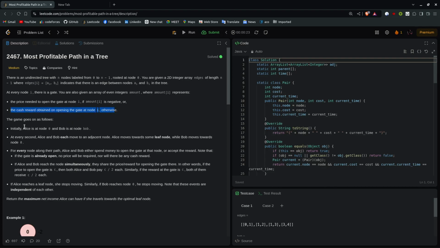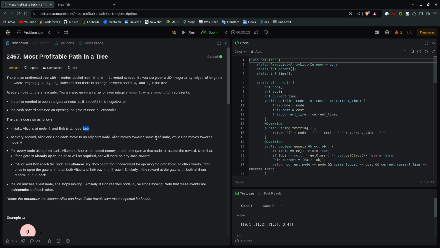And there is a game going on the tree itself. Initially a player named Alice is at node 0, the root node, and Bob is at some node located at bob. They will give us as input where Bob is located, and at every second Alice and Bob each move to an adjacent node.